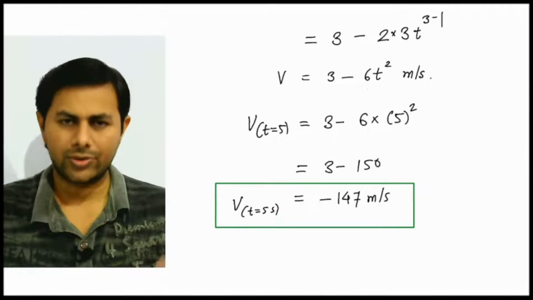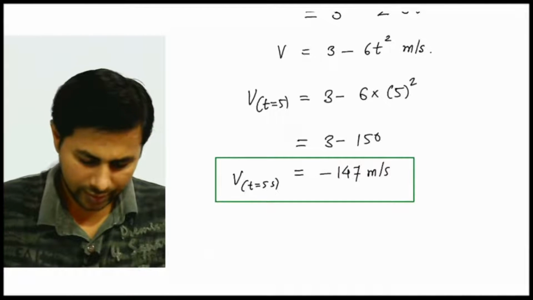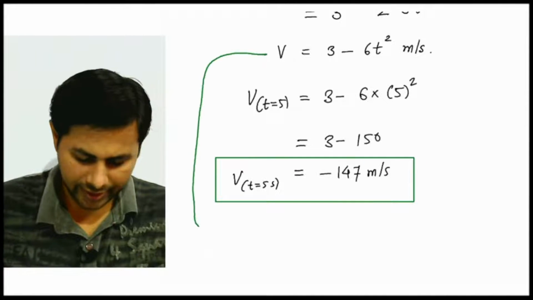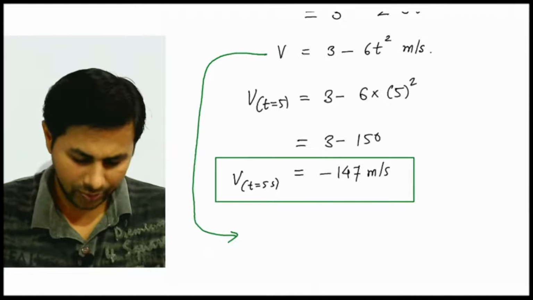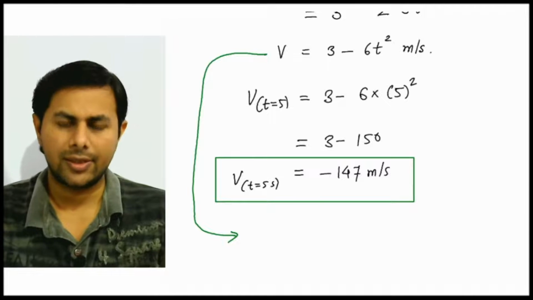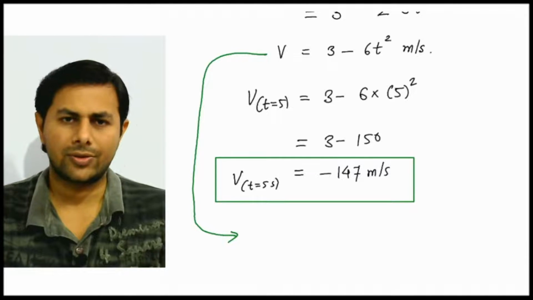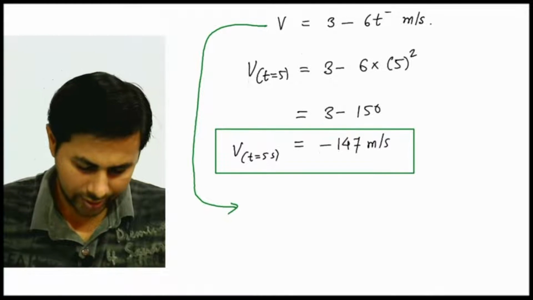Then we also wanted to find out acceleration. Acceleration we can get by taking the derivative of velocity with respect to time, and for velocity we got v equals to 3 minus 6t squared. Okay, so this is velocity as a function of time.